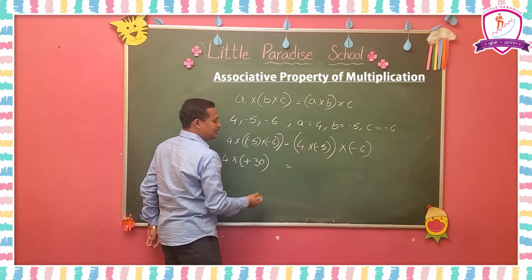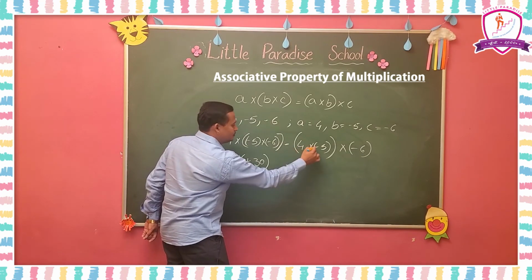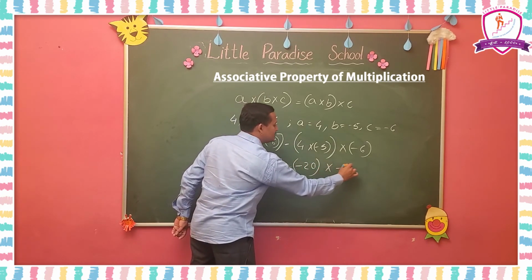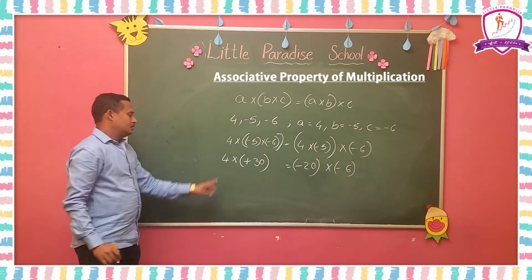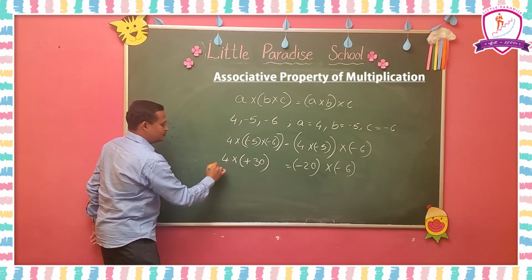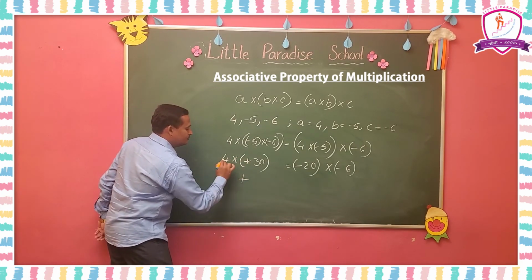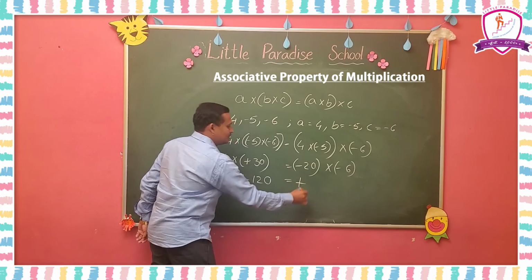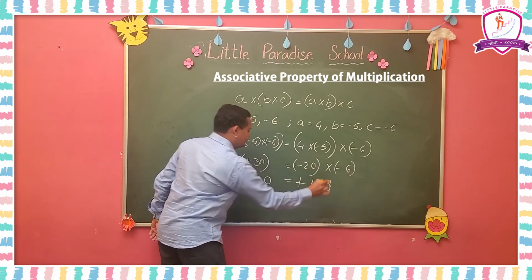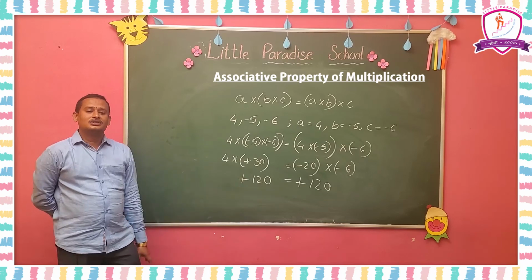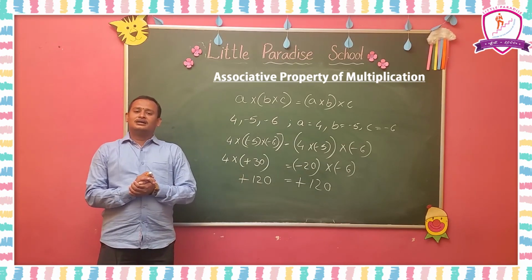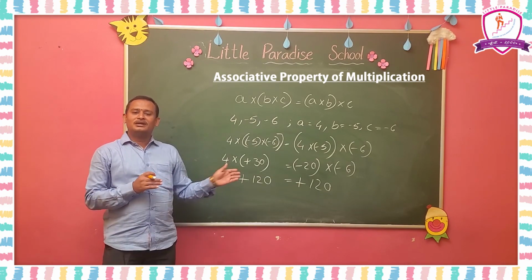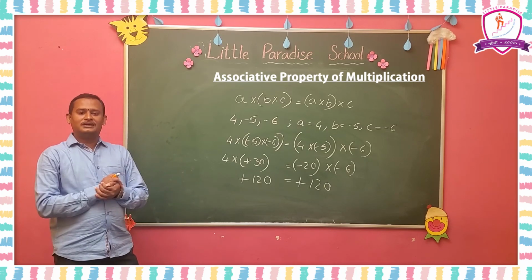Here we have to multiply what is in the bracket: 4 fives are 20, plus into minus is minus 20, so minus 20 into minus 6. Here for the first, the two numbers are positive, so plus into plus, 4 thirties: 4 threes are 12, you have to put 0 here. And here minus into minus is plus, 6 twos are 12, here you have to put 0. 120 is equal to 120. So we can say that multiplication is associative for integers. This property is called the associative property of multiplication for integers.